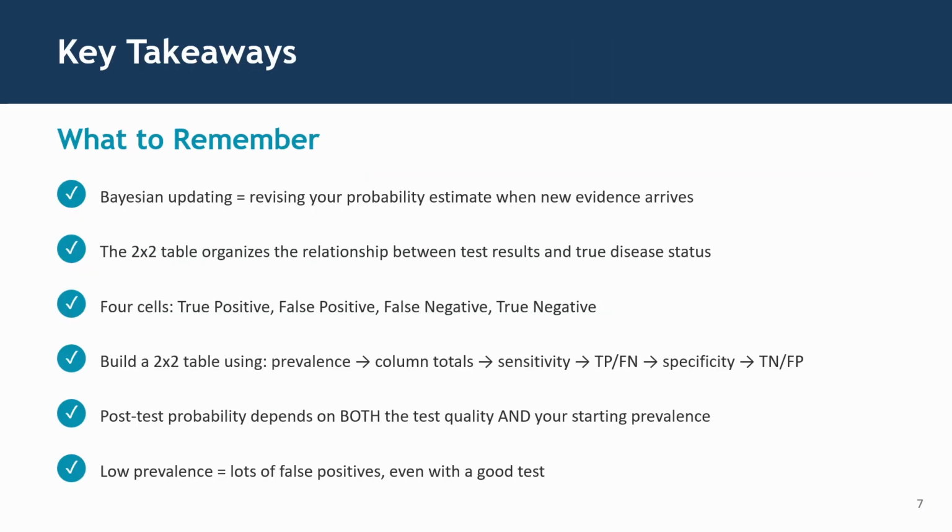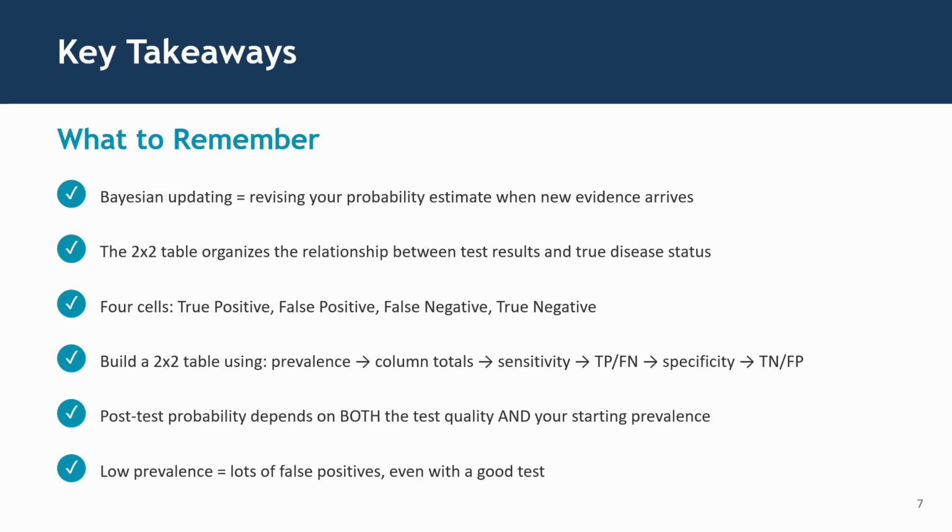Let's recap the key points. Bayesian updating is just the formal name for revising probability when new evidence arrives, and it's something you do every day in clinical practice. The 2x2 table is your tool for organizing this information. It has 4 cells: true positive, false positive, false negative, and true negative.